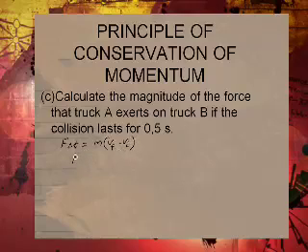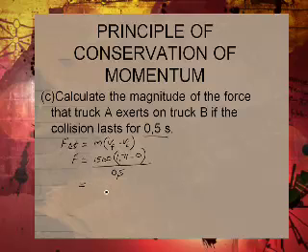So F equals, what is the mass of truck B? We know truck B is 1500 times V final, which we found to be 1.71 minus 0, because it was stationary before, divided by the time T. And what is T? T is 0.5 seconds.